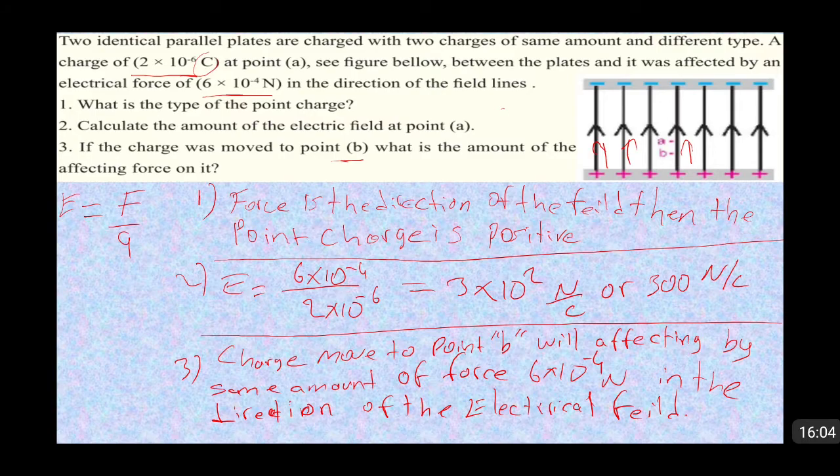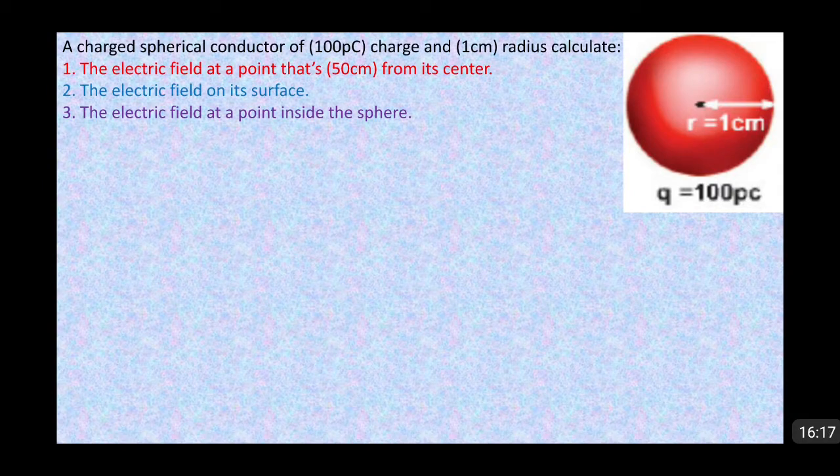Let's continue. Example 2. We have one spherical object. A charged spherical conductor of 100 picocoulomb. Pico, do you remember? First chapter. Pico equals 10 power negative 12.